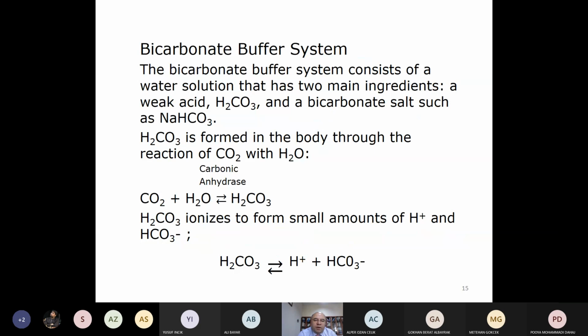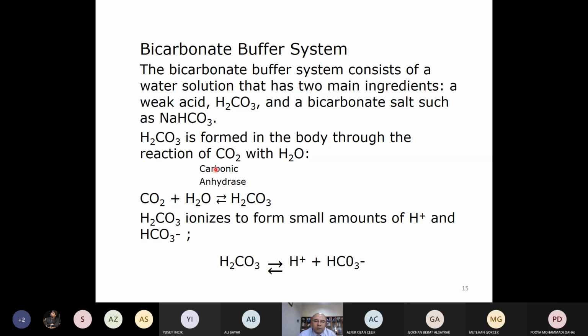Let's see this buffering system more closely. Bicarbonate buffer system consists of a water solution that has two main ingredients: a weak acid, carbonic acid, and a bicarbonate salt, such as sodium bicarbonate. Bicarbonate is formed in the body through the reaction of carbon dioxide and water.